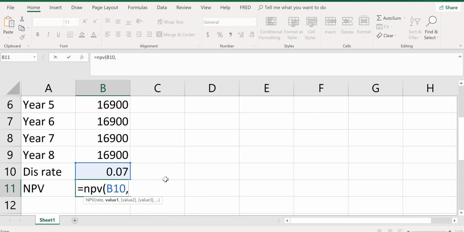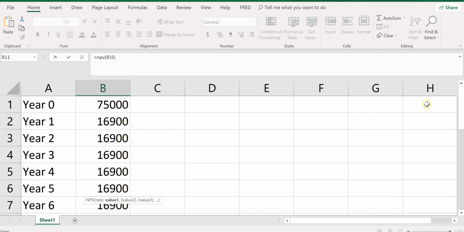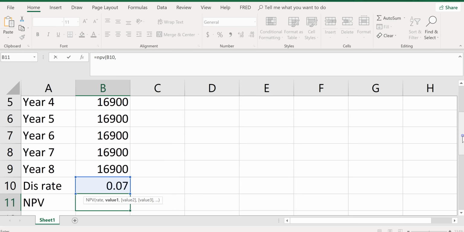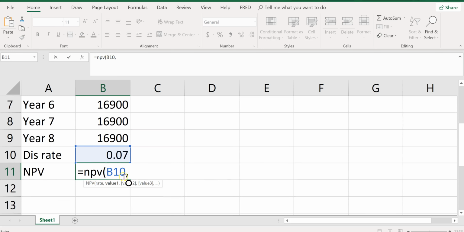And then we have value 1, value 2, value 3. A key to using this NPV function in Excel is to remember that value 1 refers to the cash flow of year 1, not year 0. The NPV function actually doesn't include the current cash flow, so you have to manually include that part after you have done this NPV calculation in Excel.